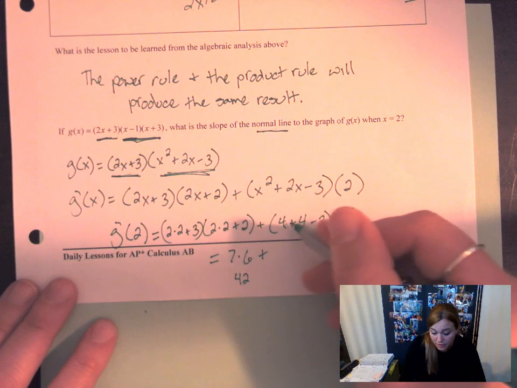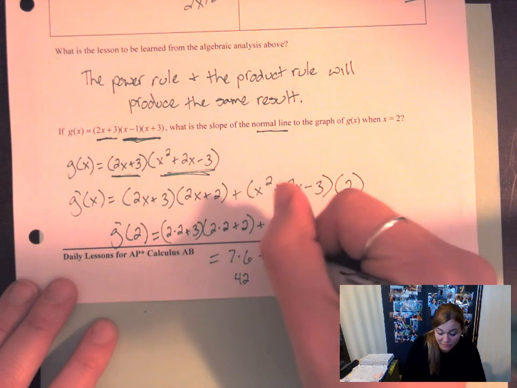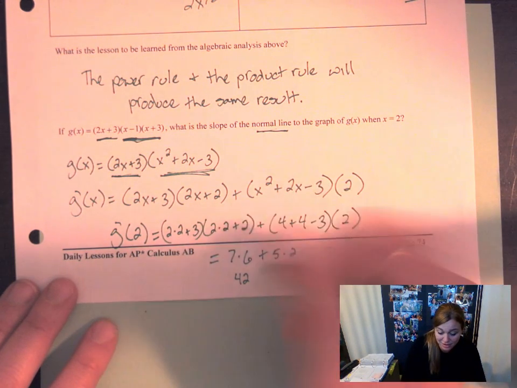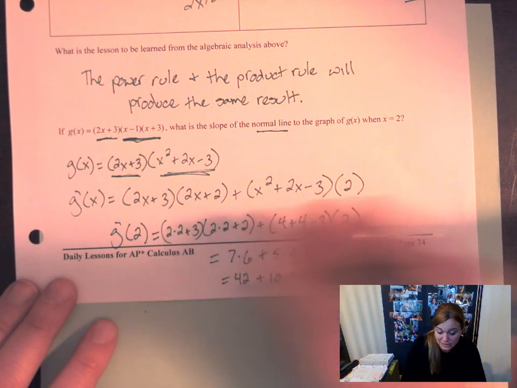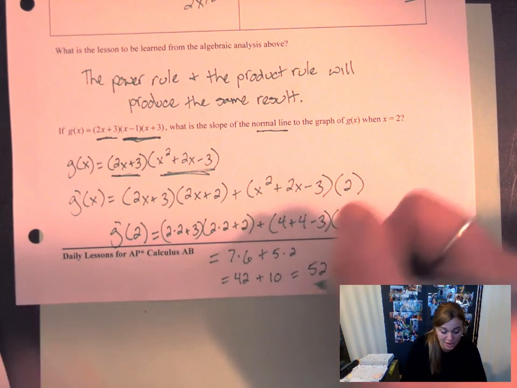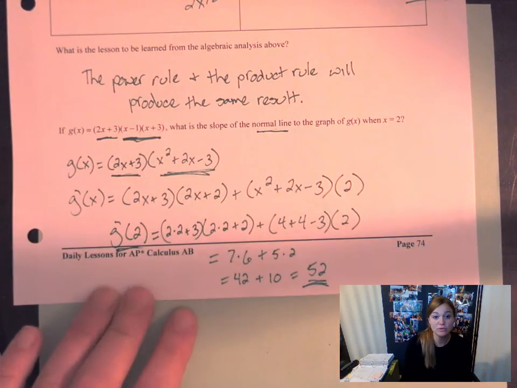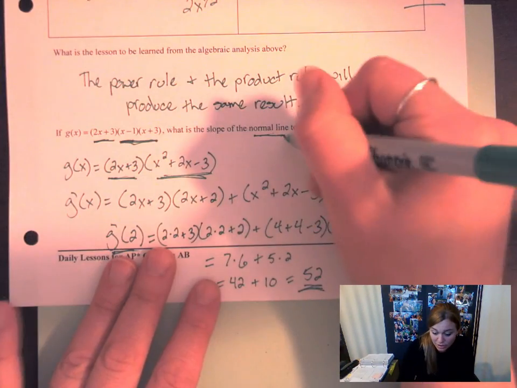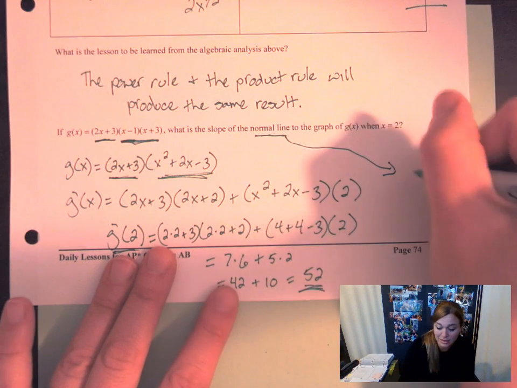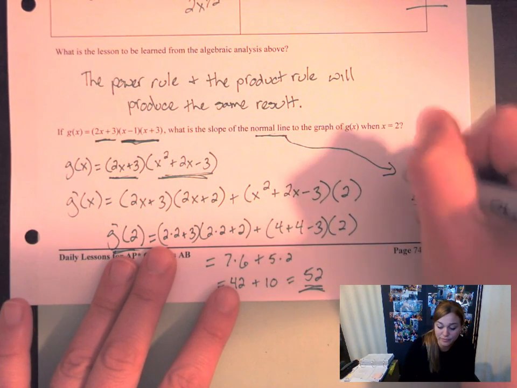Plus 4 plus 4 is 8, minus 3 is 5, times 2 is 10. 42 plus 10 is 52. This is the slope of the tangent line, because that was g prime of 2. So what is the slope of my normal line? That'd be negative 1 over 52.